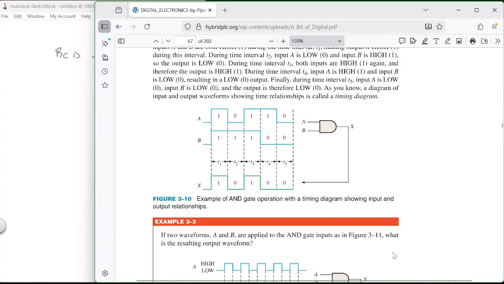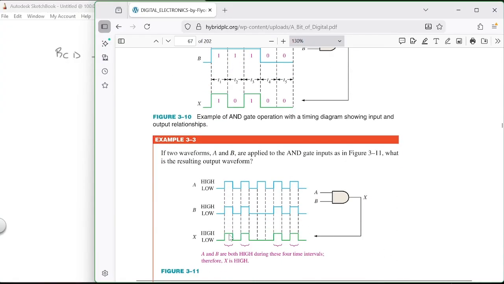Okay, now what can I ask with this question? I can ask you a question about timing diagrams. This is a timing diagram. Time is the x-axis. The value is the y-axis, 0 or 1, 0 or 1, 0 or 1, 0 or 1, okay? So I can ask you a question like this with something like this.